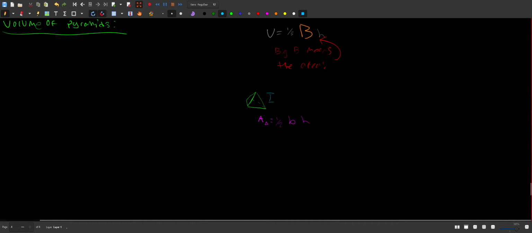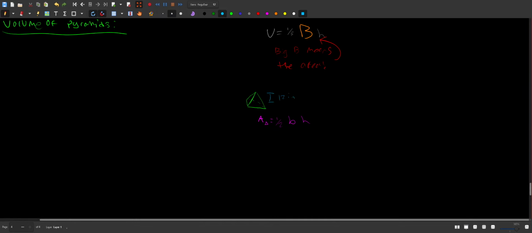So the height is going to be 12 inches, and the base is going to be 20 inches. And then we're also going to need the size of the triangles here, so let's make it 15 inches.